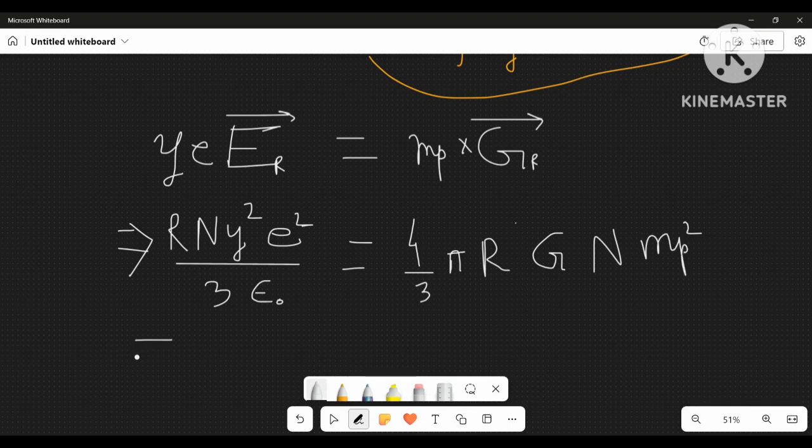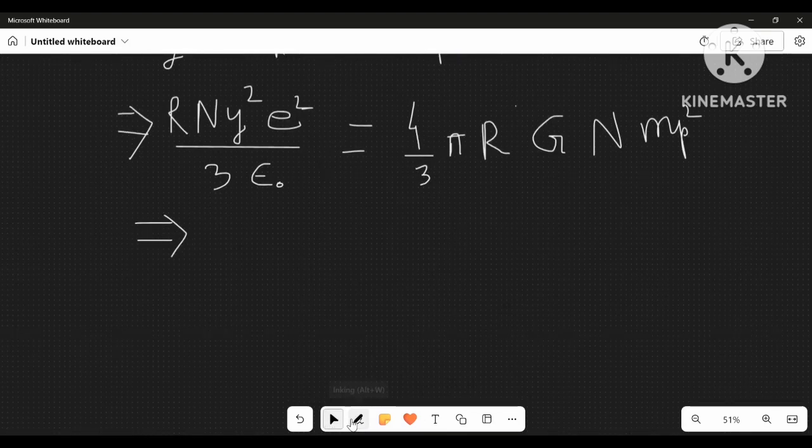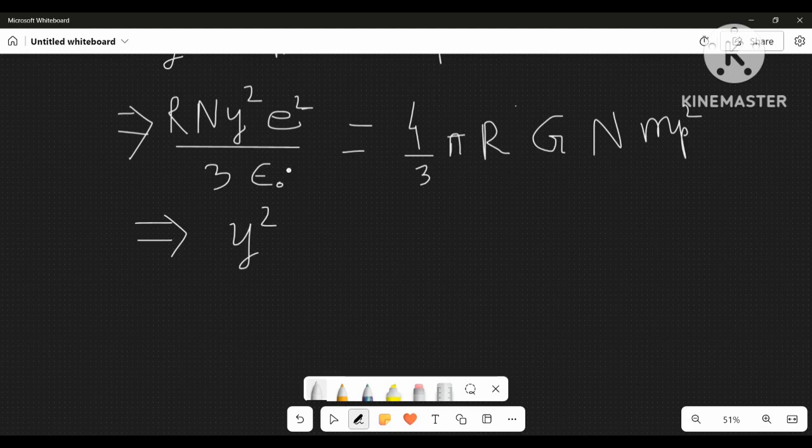So that translates to, what does it translate to? y square. You see these terms are cancelling out. And anything else?